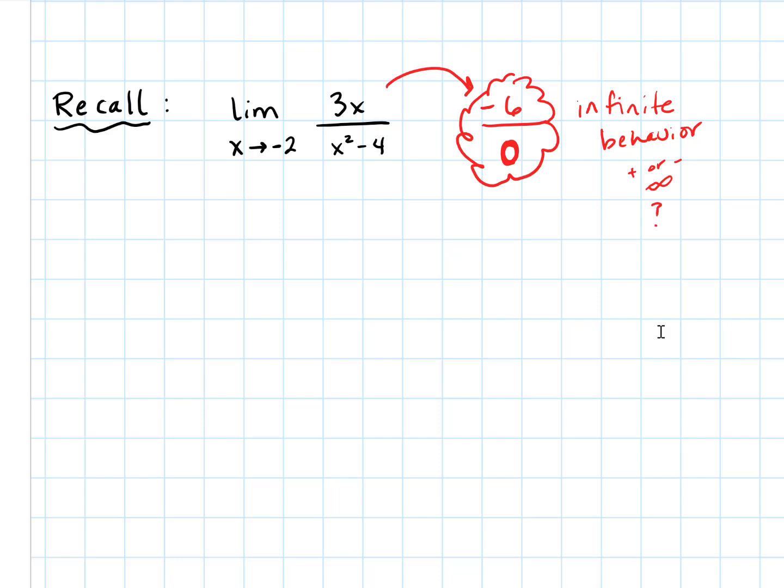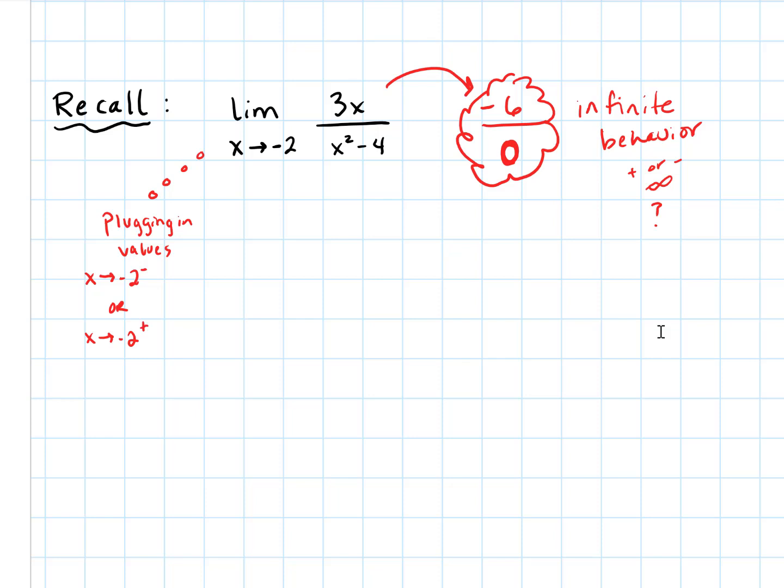And what I would think about maybe is sometimes it helps to actually think about what we're plugging in here. So we are approaching -2 here. So we're plugging in values, and we need to think about what happens if we're approaching -2 from the left and from the right.